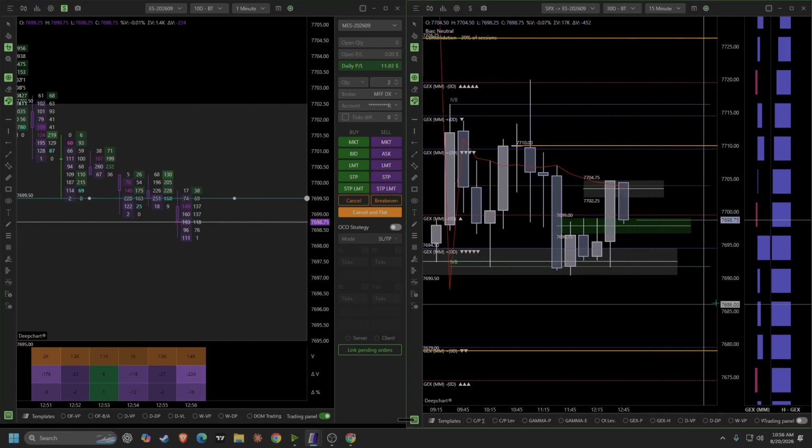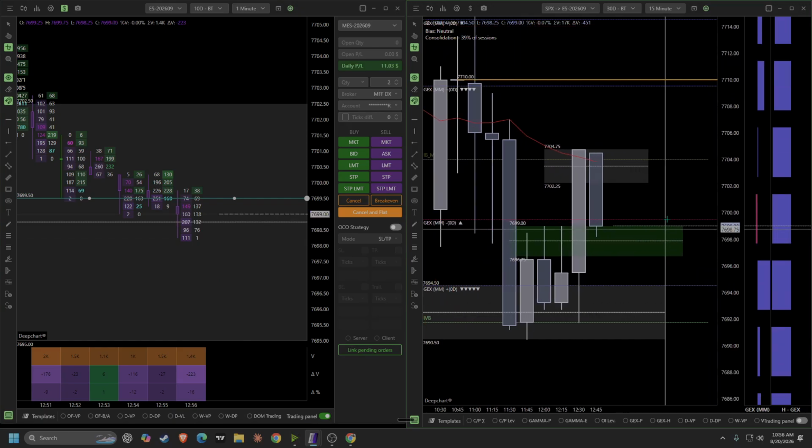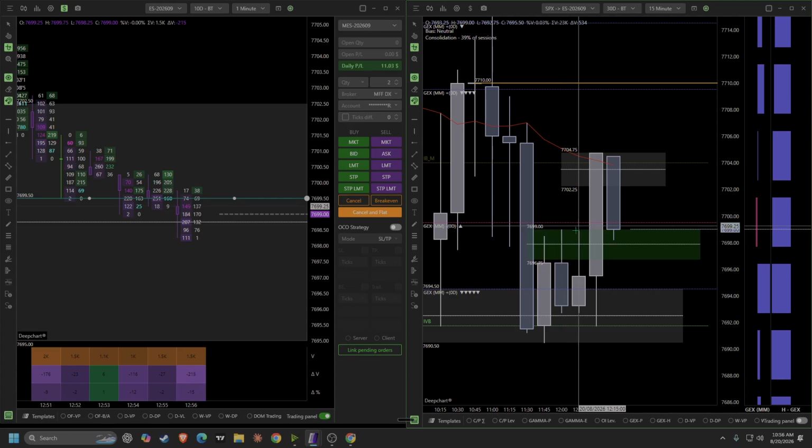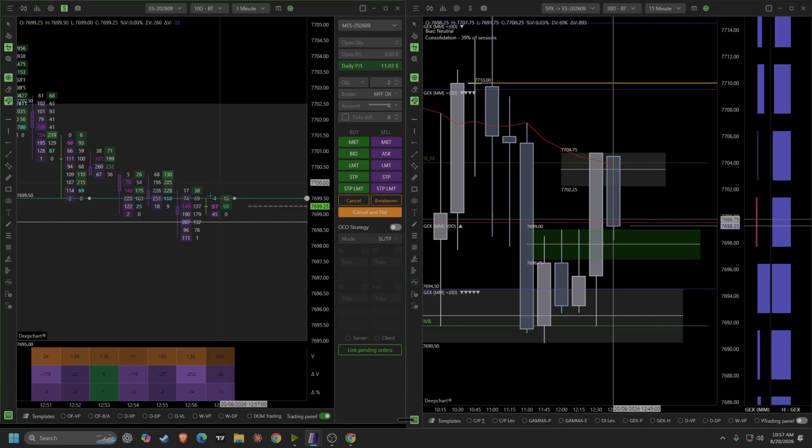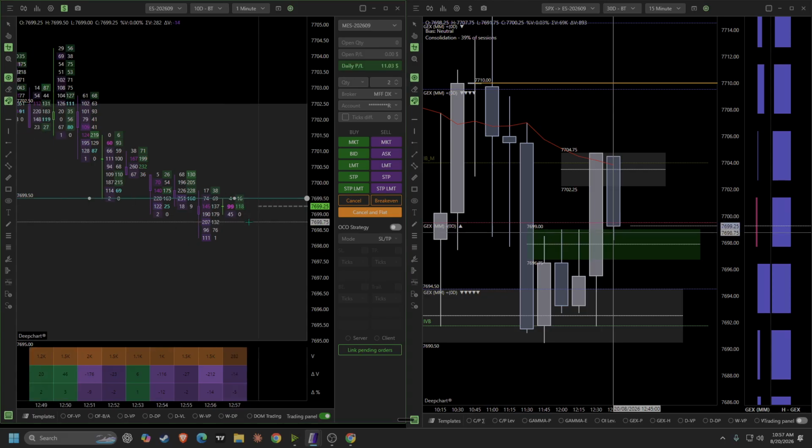Okay, so if we go back to the 15-minute, we're retesting this resistance area, which may now be support, which is also in line with this large aggregated trade area of 76.99.